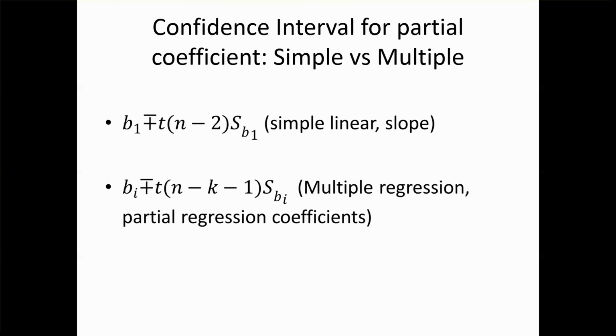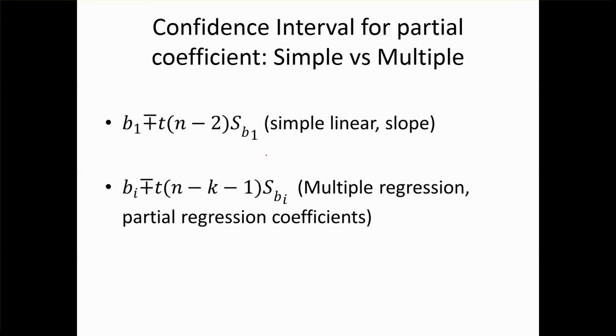So the last way we can use to test the significance of our partial coefficient is called the confidence interval for the partial coefficient. In the simple linear regression model, we use b, the estimated beta, plus or minus the t-statistic, with degree of freedom n-2, times the standard deviation for that partial coefficient, the slope.